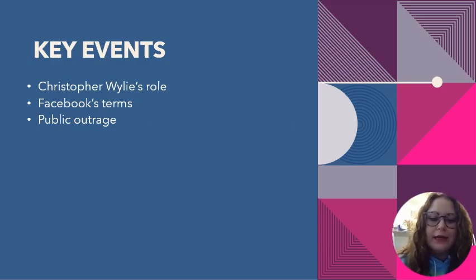Next, I want to go ahead and go over the key events of the case. So firstly, in March 2018, Christopher Wiley, who was a former employee of Cambridge Analytica, disclosed the firm's extensive data harvesting practices to multiple news networks such as The Guardian and The New York Times.